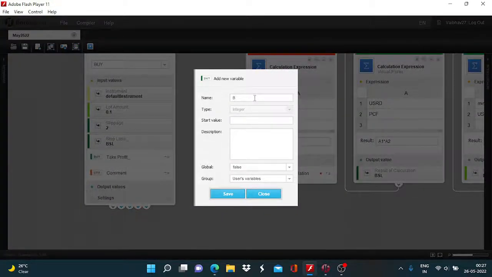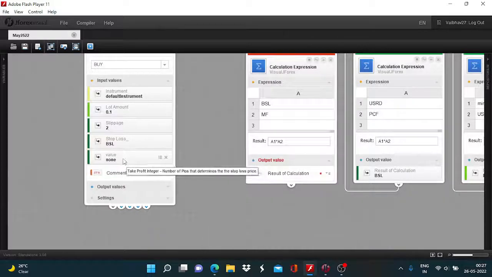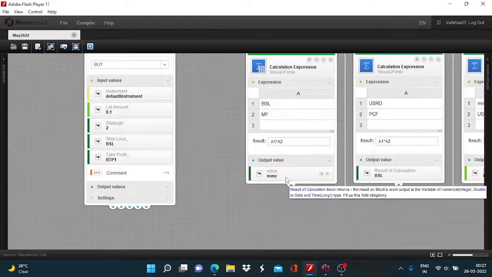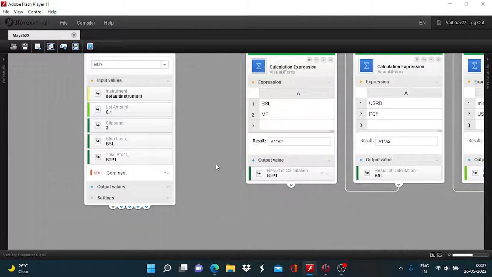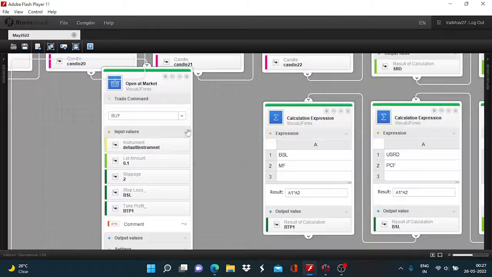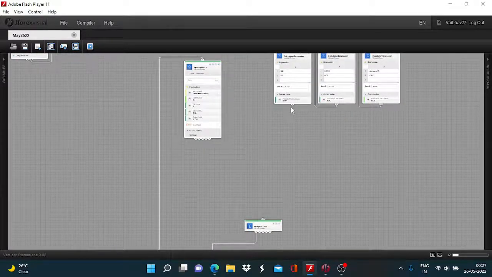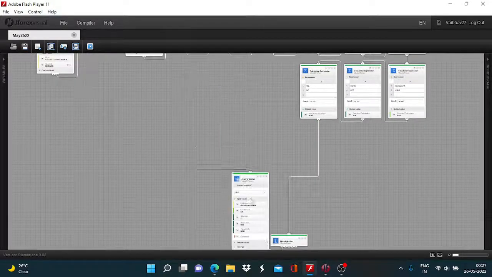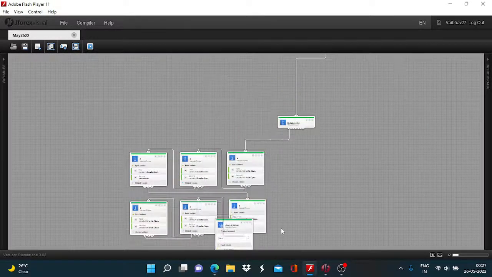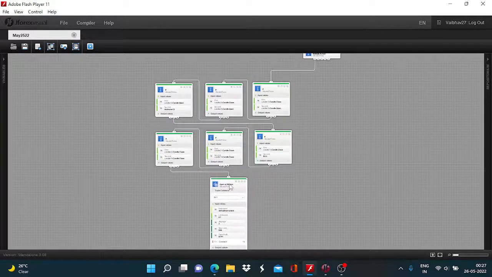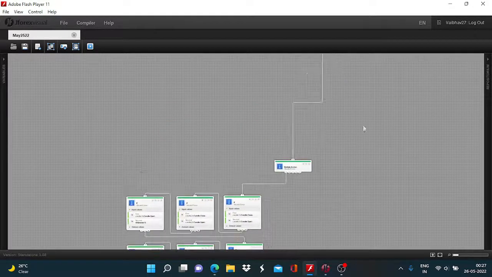Now, as earlier variable was created with BTP, I will name it BTP1 and its value will be derived from this calculation. Okay, all good. Now let me join it to multiple action. All right, so it seems the conditions have been set according to the requirement, according to our logical requirement.